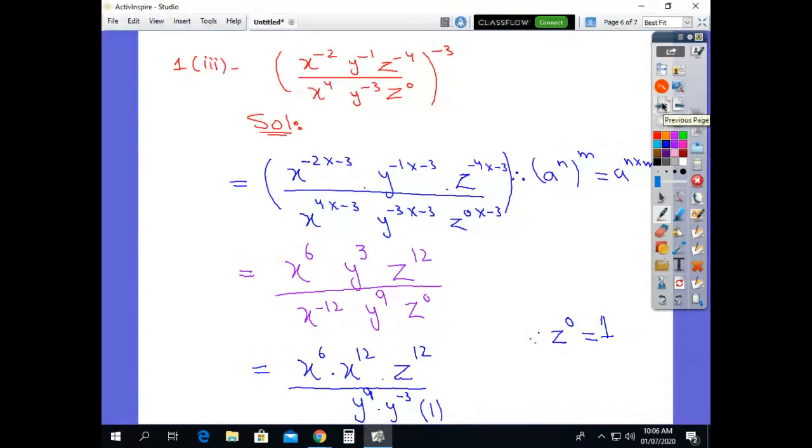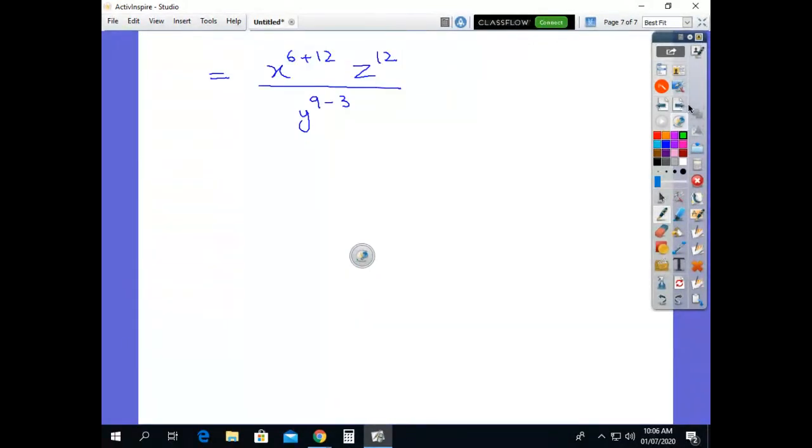Here we see y raised to power 9 and y raised to power negative 3. After adding both, we have y raised to power 9 minus 3. After more simplification, it becomes x raised to power 18, z raised to power 12, and y raised to power 6, which is our required answer.